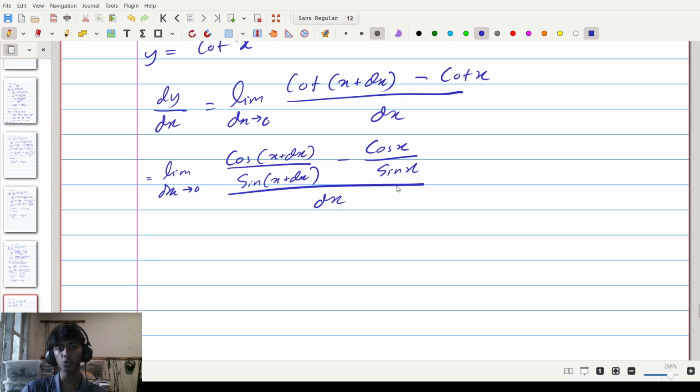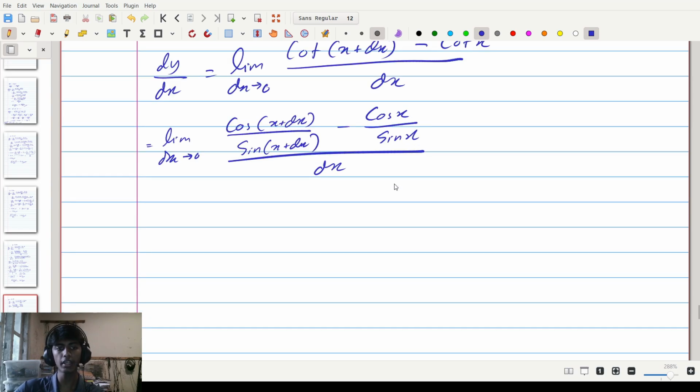Now we're going to take this under a common denominator and simplify. The limit as dx approaches 0 of, the common denominator is going to be sine of x times sine of x plus dx.